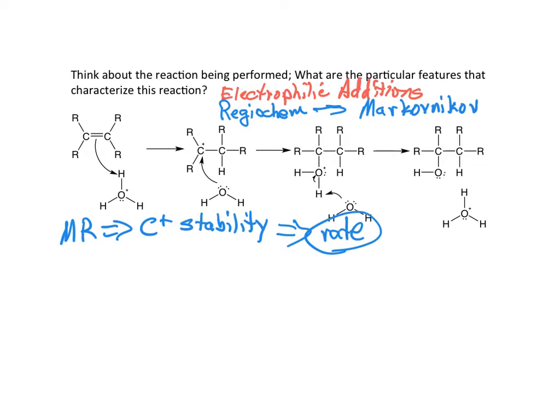Okay? If we think about it, we remember, right? When we generate our carbocation, if this is where our reactant is, our alkene, if this is energy, and this is reaction progress, then our carbocation is up here, right?